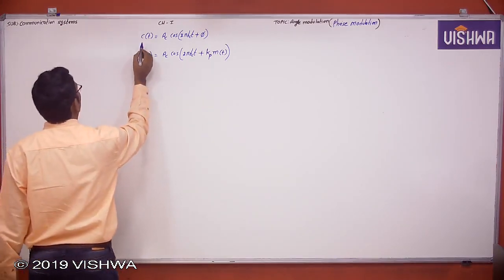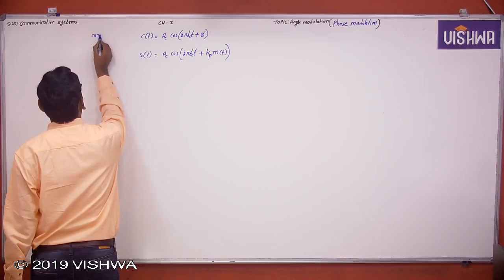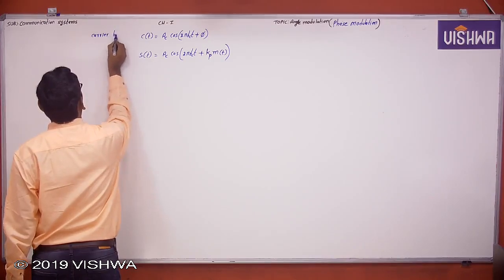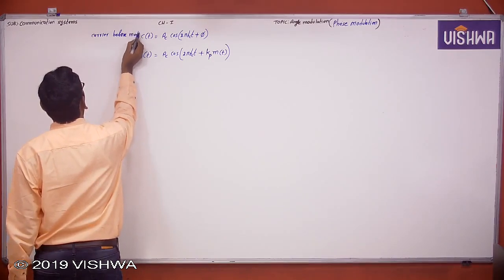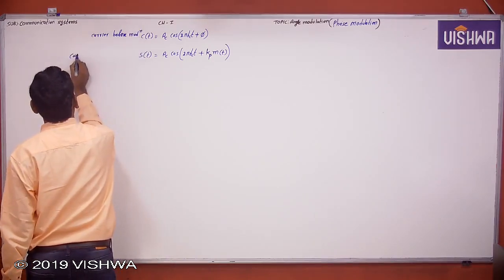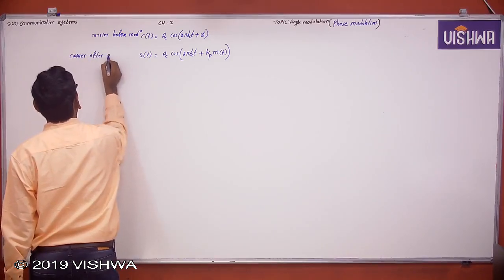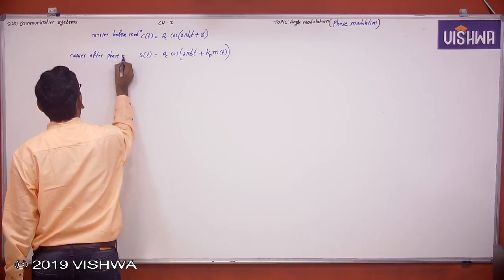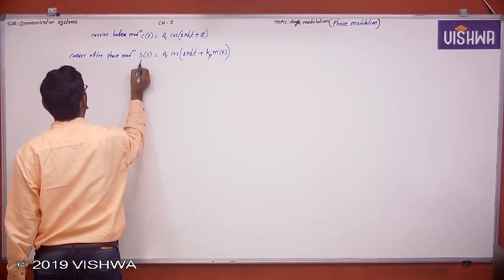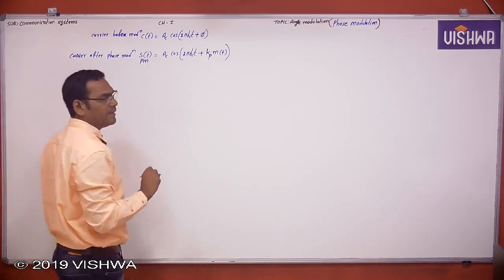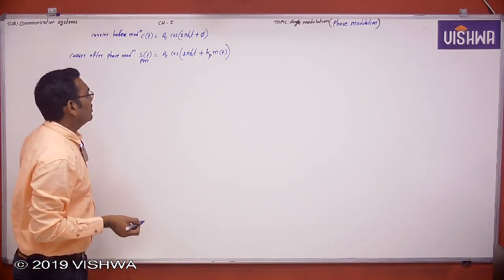Now see here, this is the carrier before modulation, and this is the carrier after phase modulation. This is the PM wave in the time domain. Now this is phi.